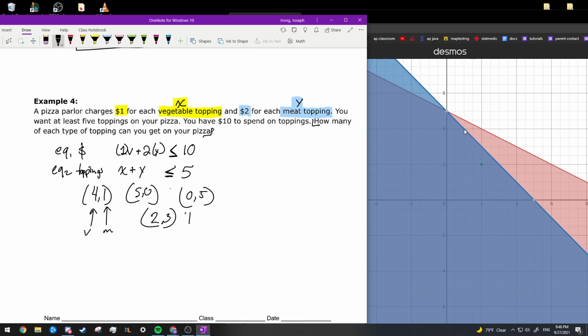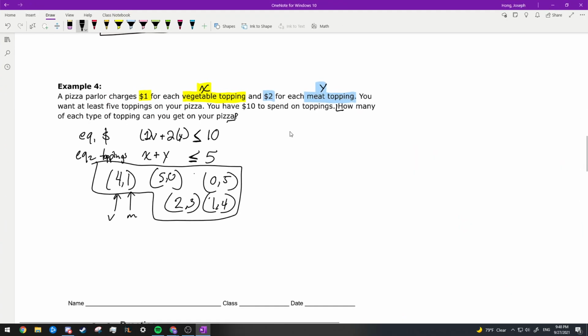I could do 1, 4. All of these are possible solutions. So in a multiple choice question of this kind, it will be like, here are some examples of answers, which one's not true? That would be expected of you to know. So that concludes the lesson for today, which is about 20 minutes.